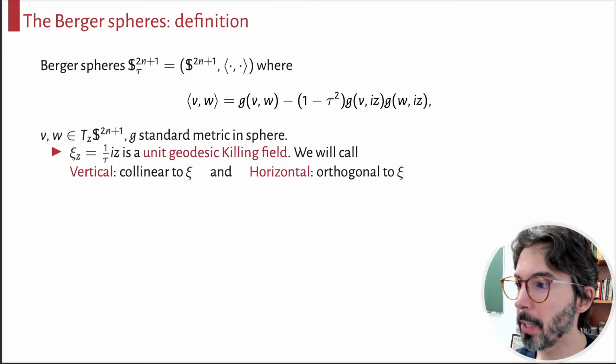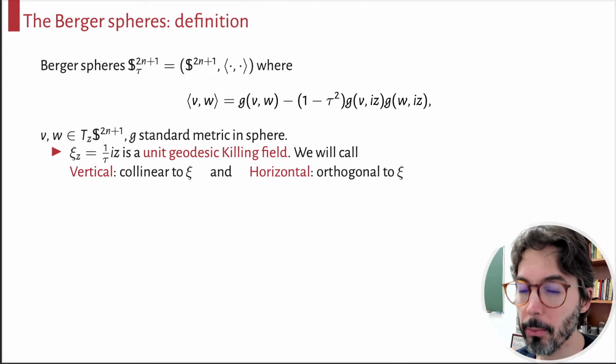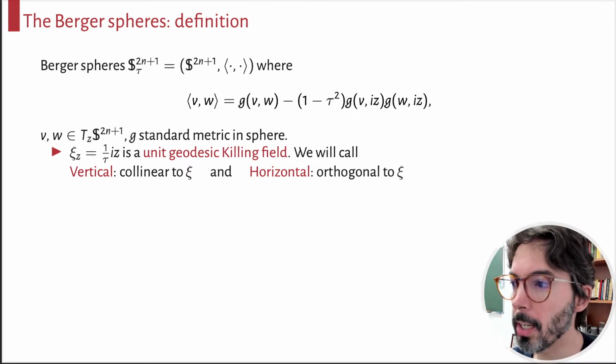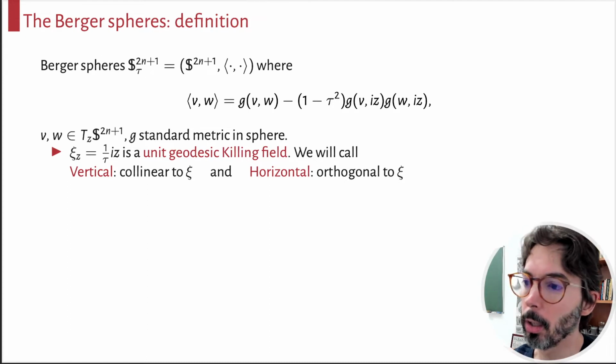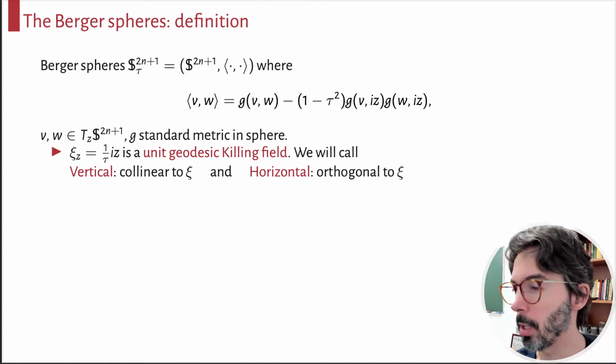So the vector field psi, which is tangent to the Hopf fibers, is a unit Killing field, and we are going to call vertical whatever is collinear to psi, and horizontal every vector field that is orthogonal to psi.